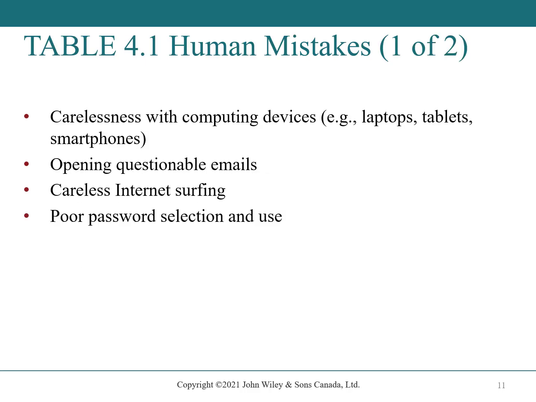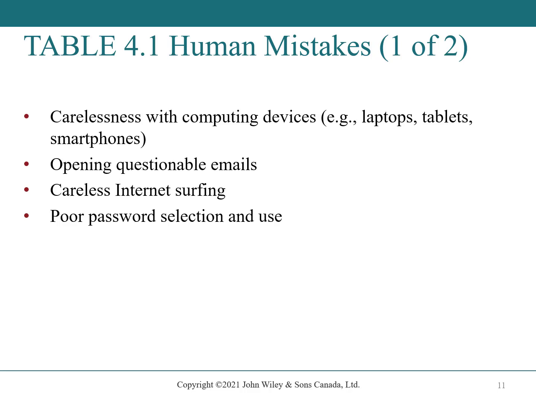Table 4.1, human mistakes. Carelessness with computing devices, for example, laptops, tablets, smartphones, leaving them open, leaving them exposed. Opening questionable emails. Probably we're all aware of phishing emails at this point, though the sophistication of the user varies dramatically depending on their experience and education. Careless internet surfing.